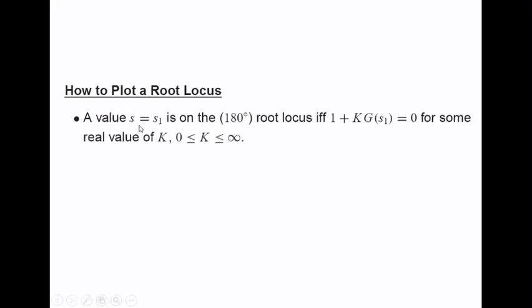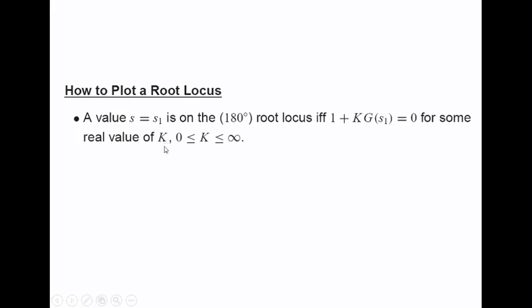Our value s is equal to s1. S1 is a point in the S-plane, and we want to know whether this is located on the root locus or not. S equal to S1 is on the 180-degree root locus if and only if 1 plus kg of S1 is equal to 0 for some real value of k.